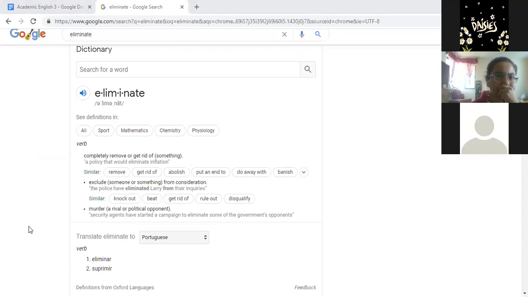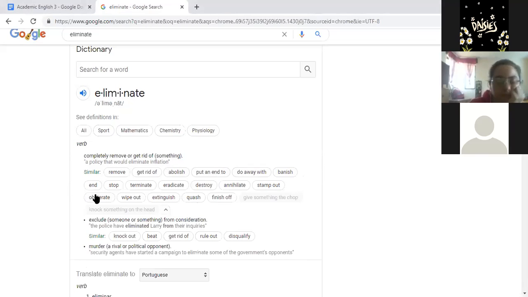So you completely remove or get rid of something. So remove, phrasal verb get rid of, verb abolish, put an end to, do away with, banish, end, stop, terminate, destroy, obliterate. So do we understand this verb now?